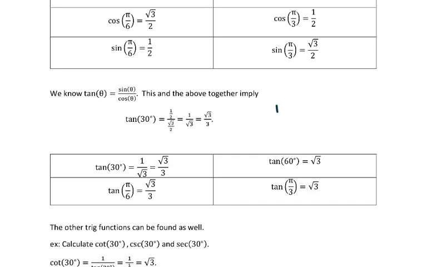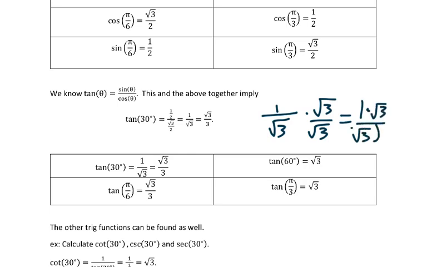Let me show the calculation over here. I'm multiplying the bottom by radical 3 and the top by radical 3. So we're going to get 1 times radical 3 over radical 3 squared. So on top, we get radical 3, and on the bottom, 3. And that's what's happening over here.